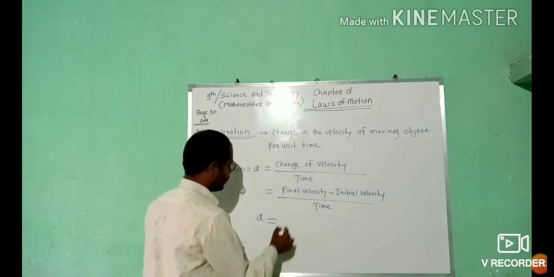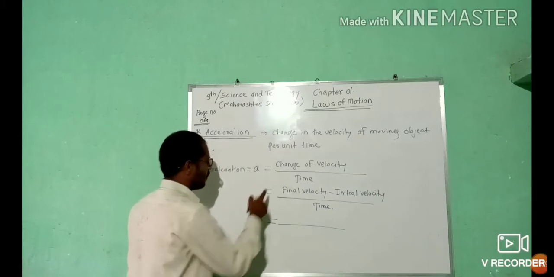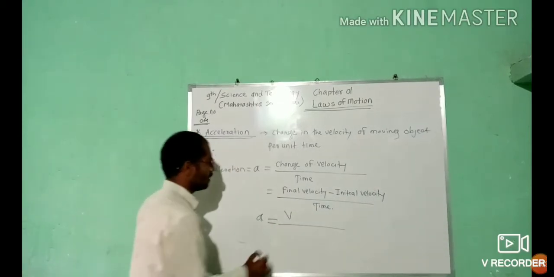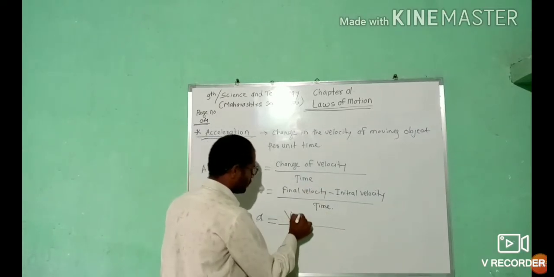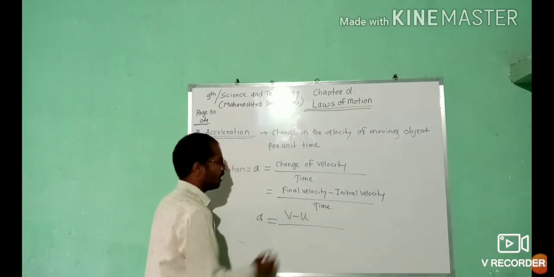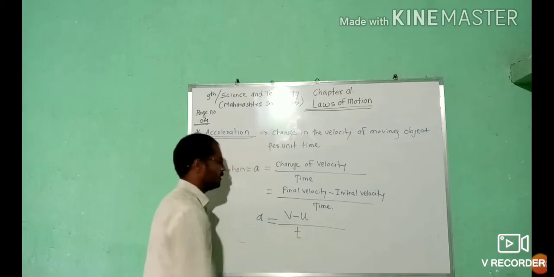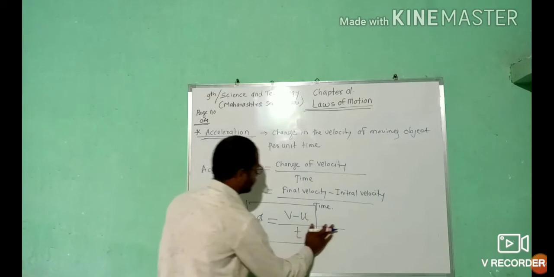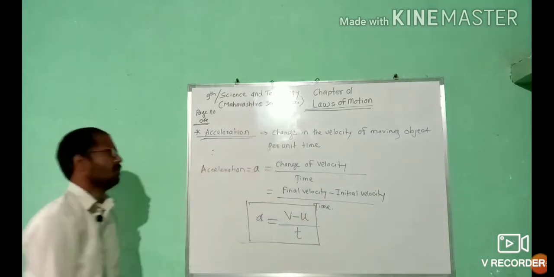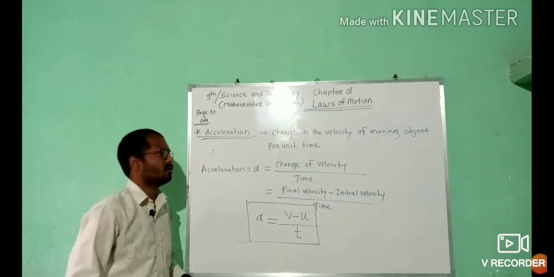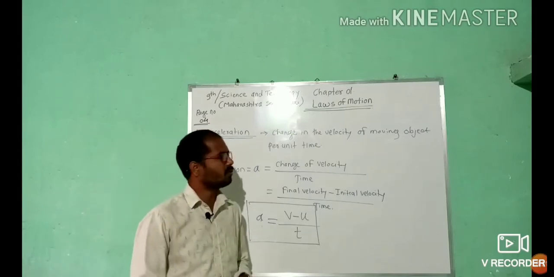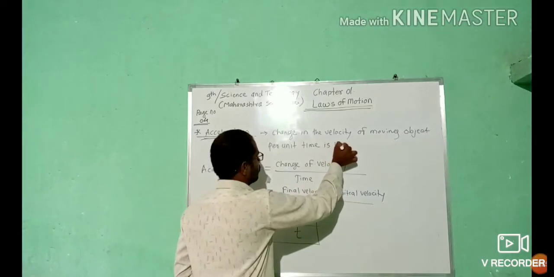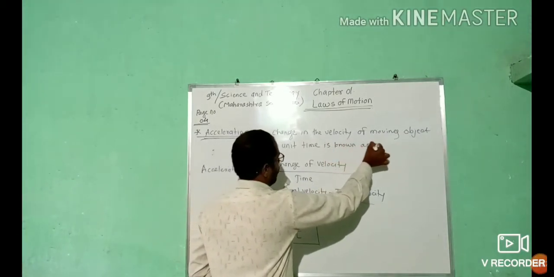So acceleration is equal to (v minus u) divided by t, where final velocity is denoted by V, initial velocity is denoted by letter U, and time is denoted by small letter t. Okay, so that is the formula of your acceleration, and this is the definition of your acceleration. Change in the velocity of a moving object per unit time is known as acceleration.